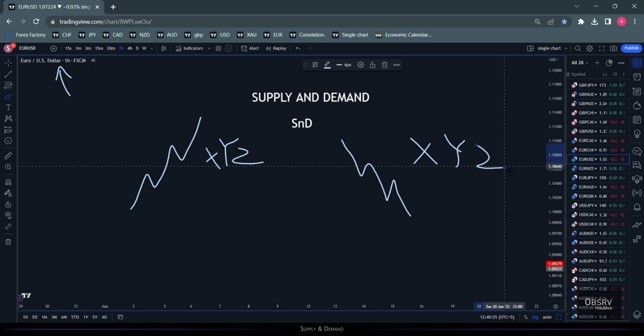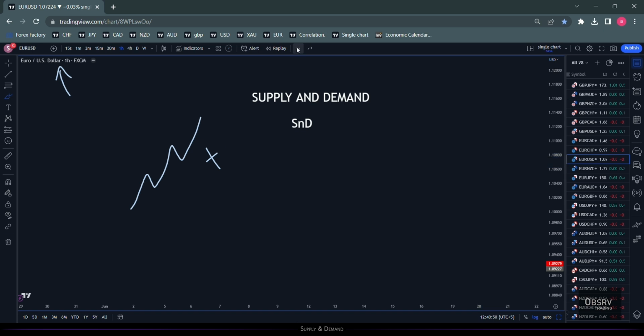Hence, when a supply is formed in the market by selling of the markets to new lows, and when the market retraces back to that resistance that it has created after breaking through the previous support, there's a fair chance that the prices are going to go lower again after some sort of manipulation that we'll discuss as we move forward in the course.